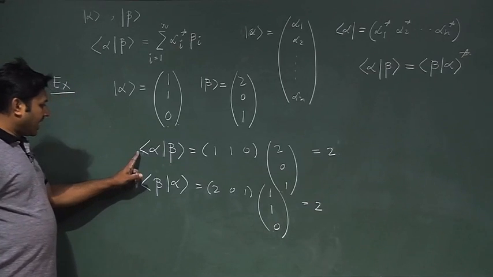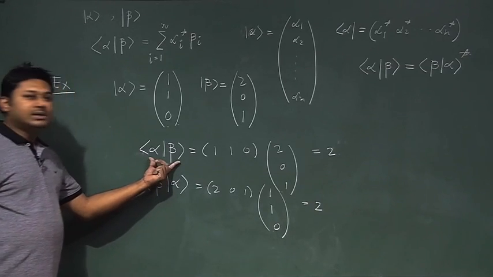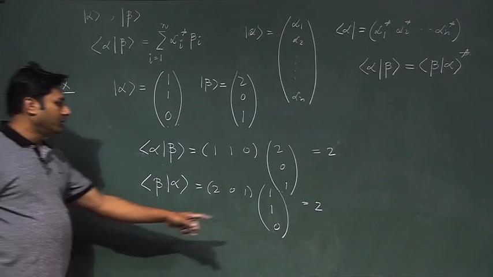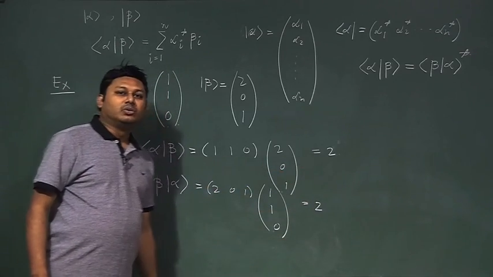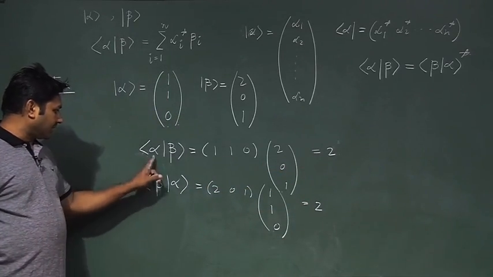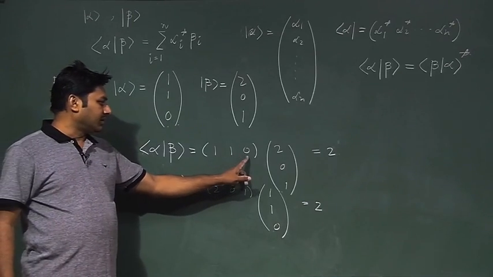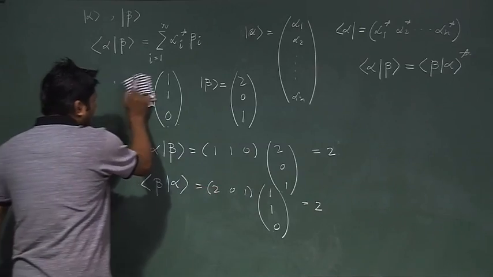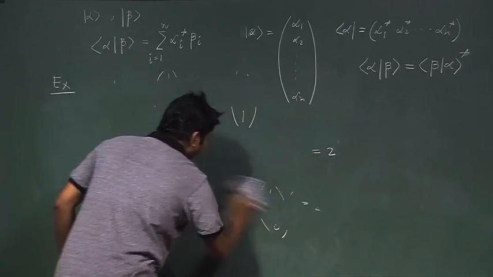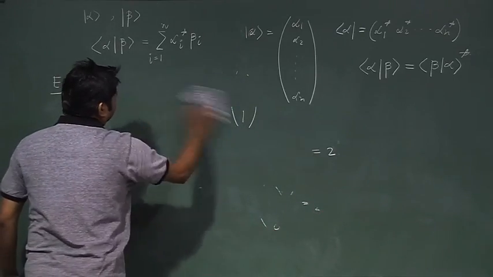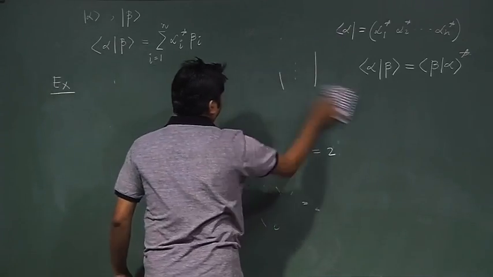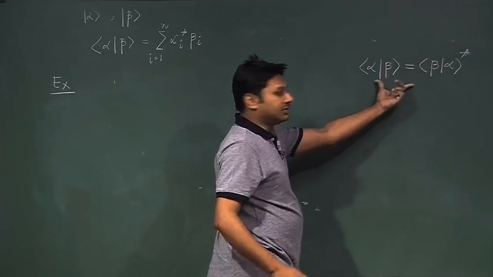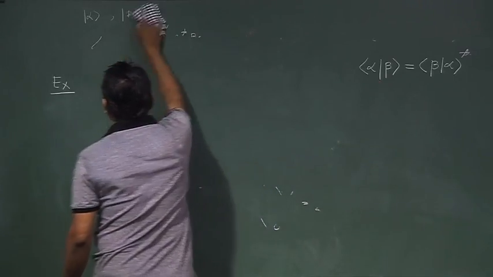You can note that alpha beta, this inner product, and beta alpha, this inner product, both are giving the same value 2, because these contain coefficients which are real in nature. Now, change these coefficients to complex and check whether this still holds. This I need to check.